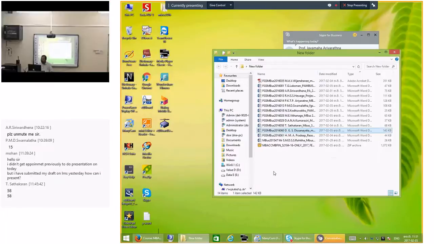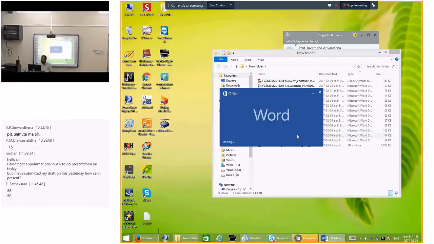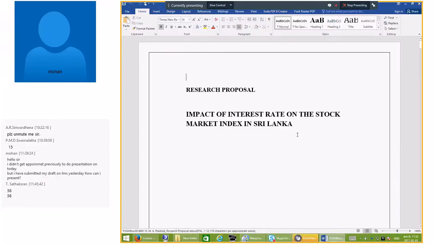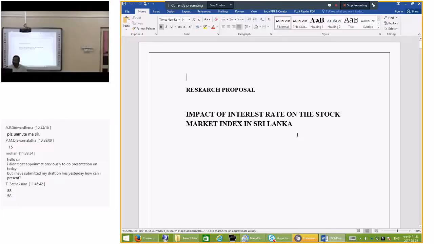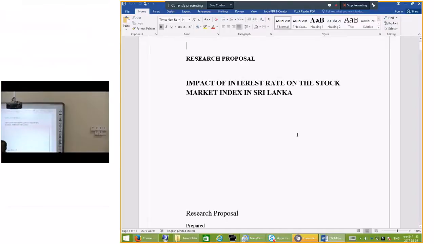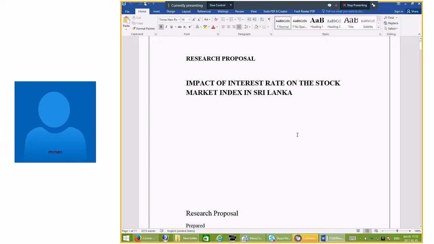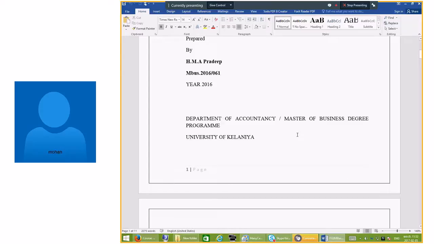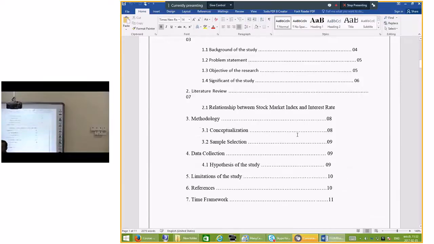Yes, you have submitted: Impact of interest rate on the stock market index in Sri Lanka. Is that correct? Yes, sir. Start. Okay, sir.